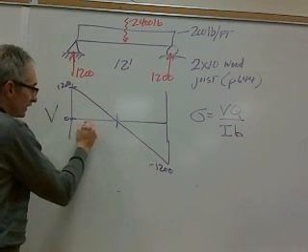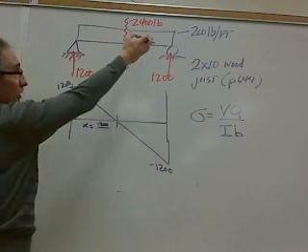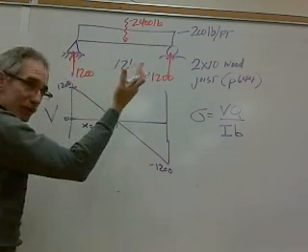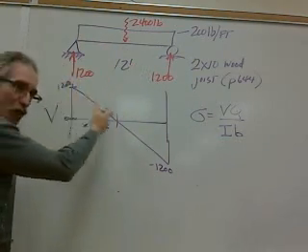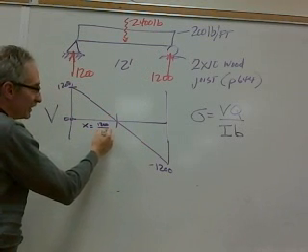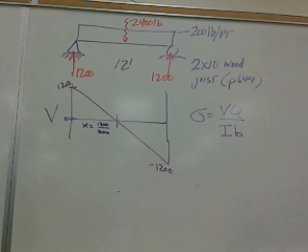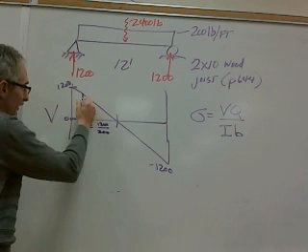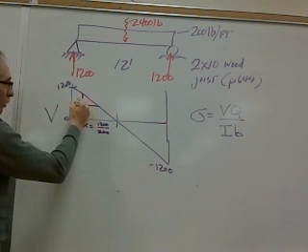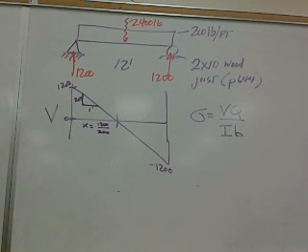So this distance x is going to be 1,200 divided by the magnitude of the slope of the line. And the slope of the line is 200 because it goes down 200 pounds every foot, all right? If you looked at the slope here, how far does it go down? 200 for every 1 foot.